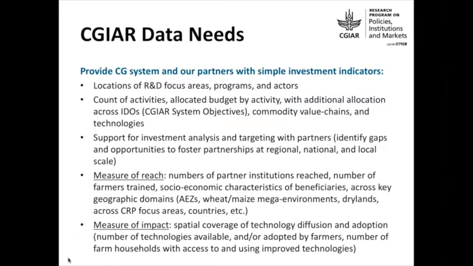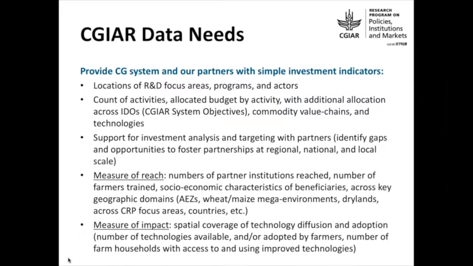Depending on the research programs, it could be different types of dryland areas or different focus areas for wheat and maize, or the wheat and maize mega-environments. So there are a lot of very ag-specific definitions, and when strategy makers look at the number of activities, partners, and locations, they usually want this information cross-referenced across geographies. That's maybe something that didn't quite come up from the previous slides. So that was a big ask.